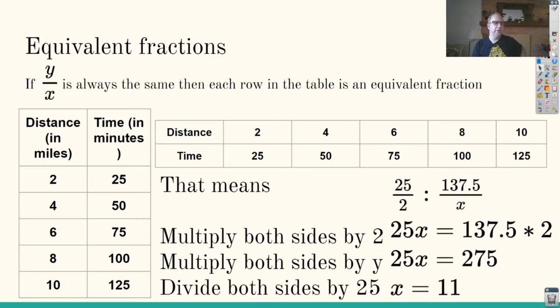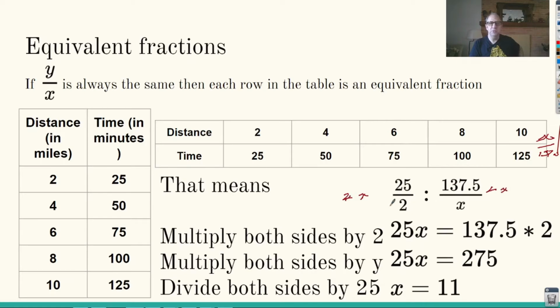So if I go here and say, well, if I have an equation all the way at the end here where I have 137.5 and I don't know the miles, so that's 137.5 over x. That's equivalent to 25 over 2. Multiply by the denominators on both sides so it stays equal.